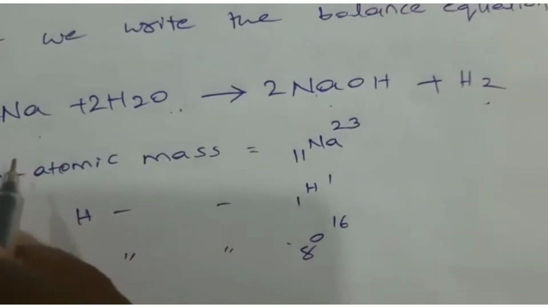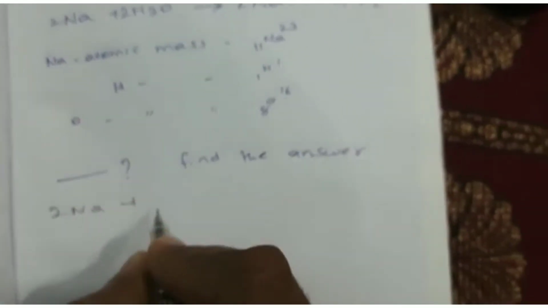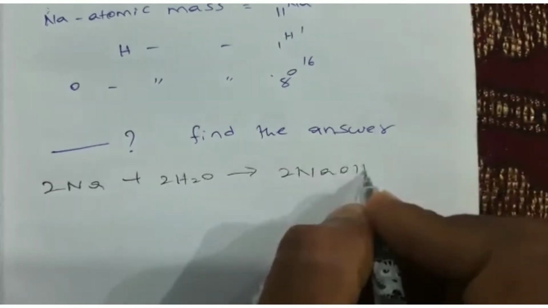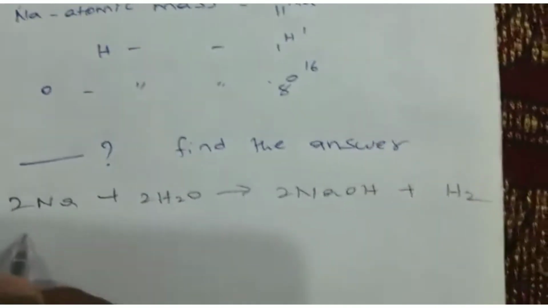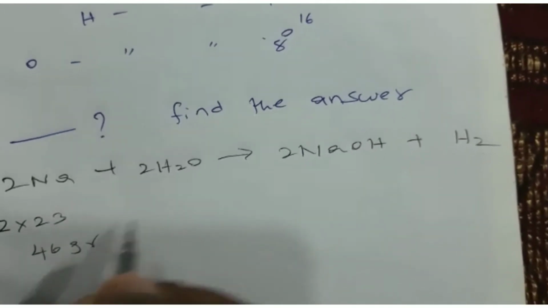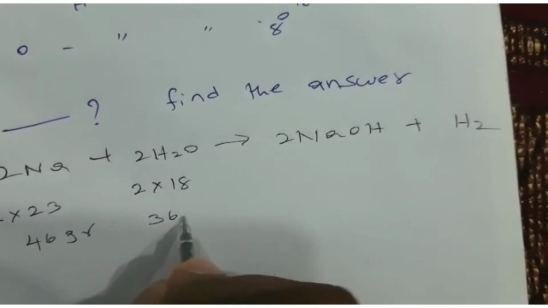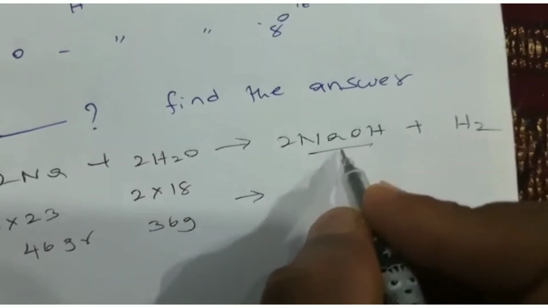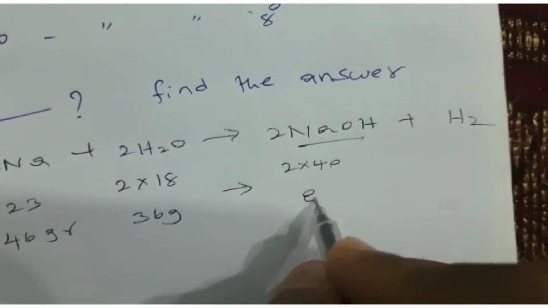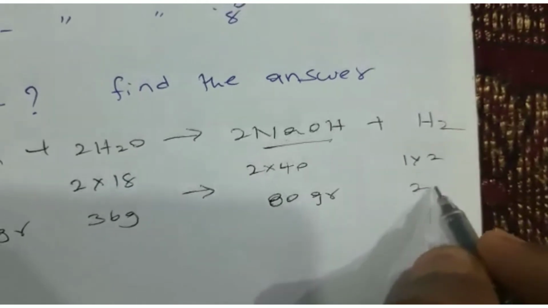So we want to find the molecular weights. 2Na means atomic weight 2 into 23, that equals 46 grams. 2 into H2O, we know it is 18, so 36 grams. NaOH is 23 plus 16 plus 1, 40, so 2 into 40 equals 80 grams. And hydrogen 1 into 2 equals 2 grams.